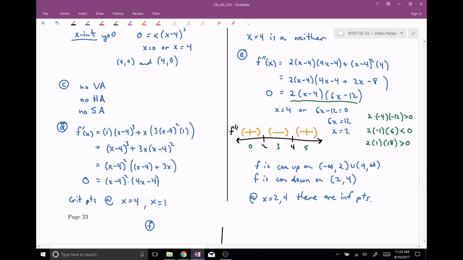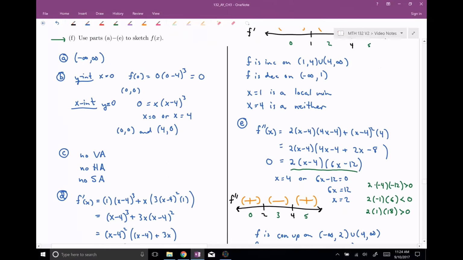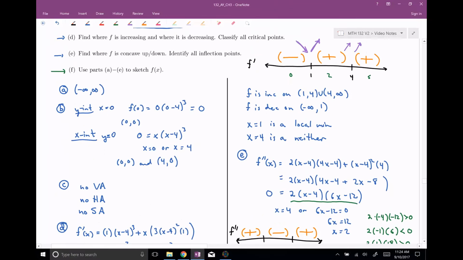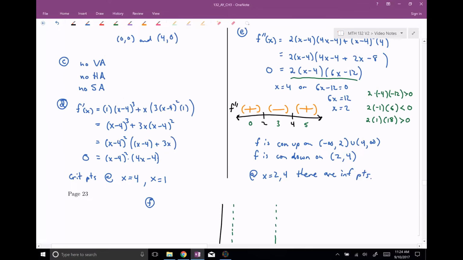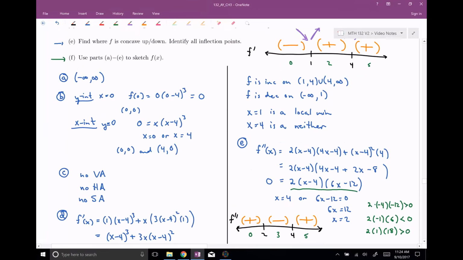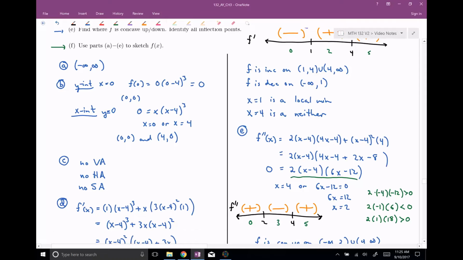For part D, we know something about where it's increasing and decreasing. This is telling us that we should break up this picture at 1 and at 4. So let me draw some dotted lines at 1, and then again at 4. Part D says that when you're less than 1, for instance, the function is decreasing.